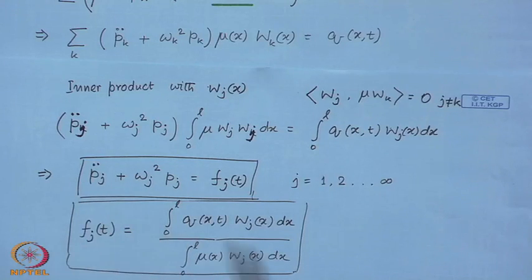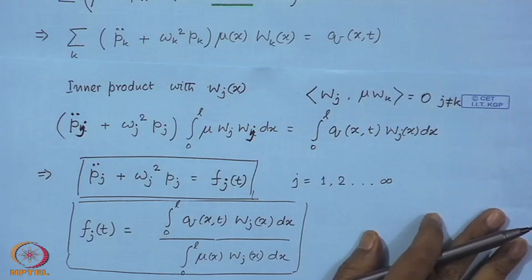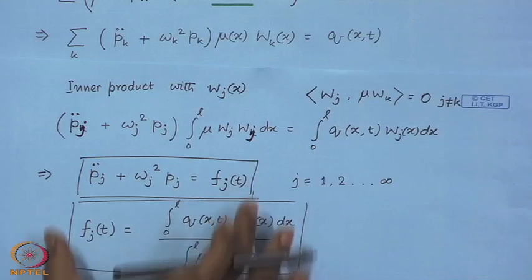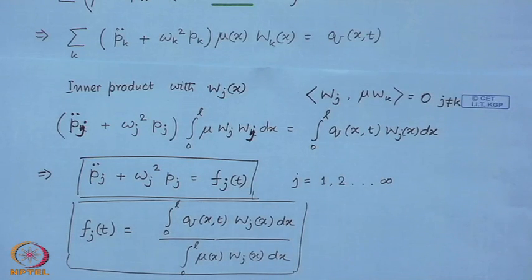So, I have these equations governing the coordinates of the system in the configuration space or the modal space, and that is a forced dynamics problem, where the forcing of the jth mode is expressed in this form. So, once we have the applied external force, we can easily compute this by performing these integrations.